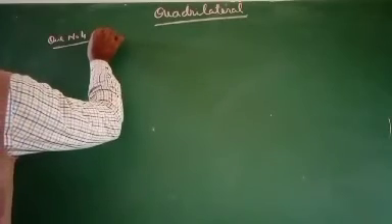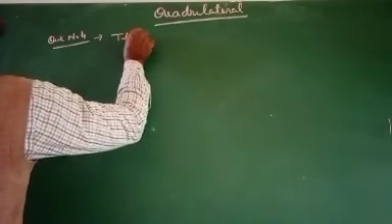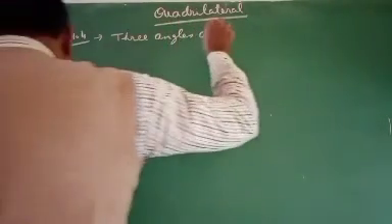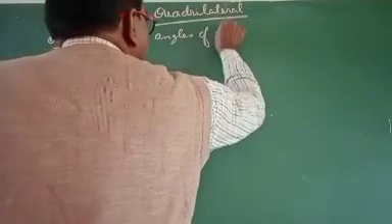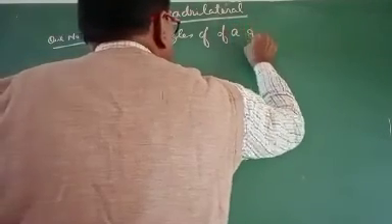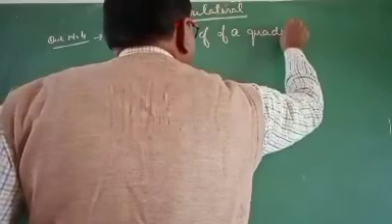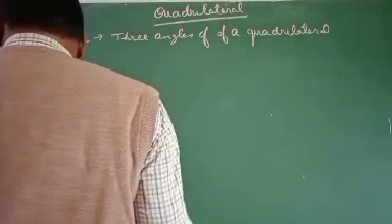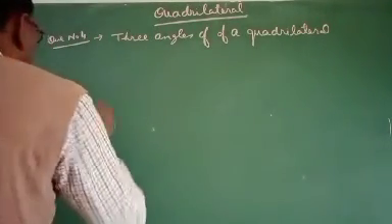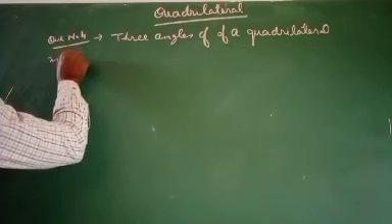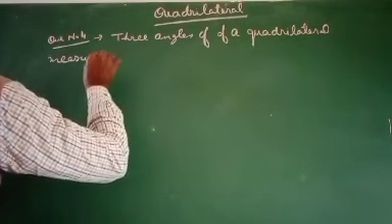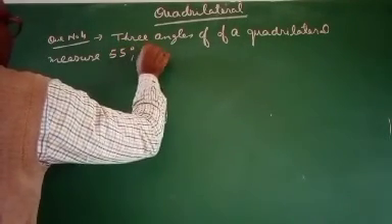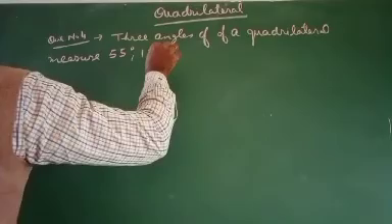Three angles of a quadrilateral measure 55 degree, 125 degree and 70 degree.